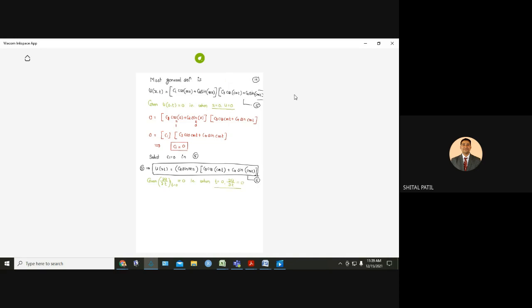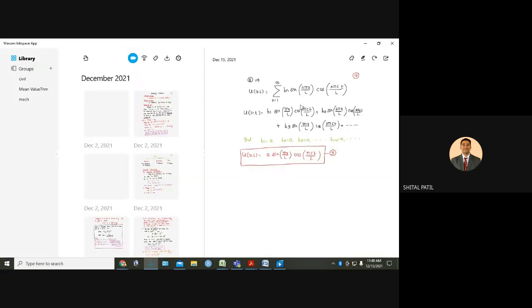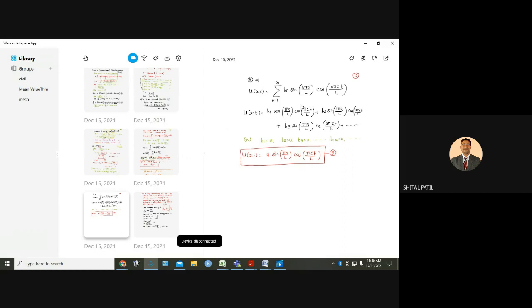But for that, what is required? Partial derivative is required. I'll obtain that. Differentiating partially with respect to t.